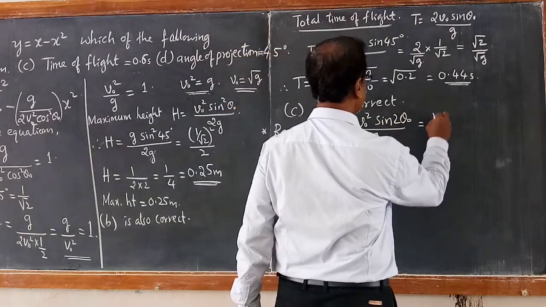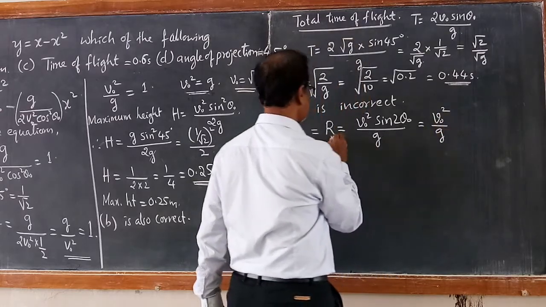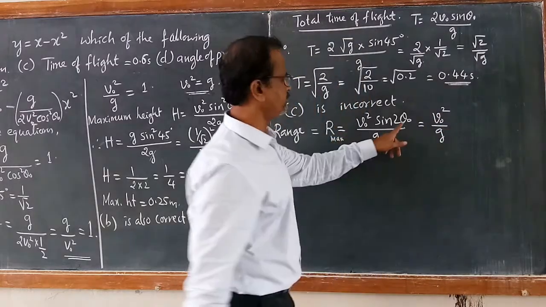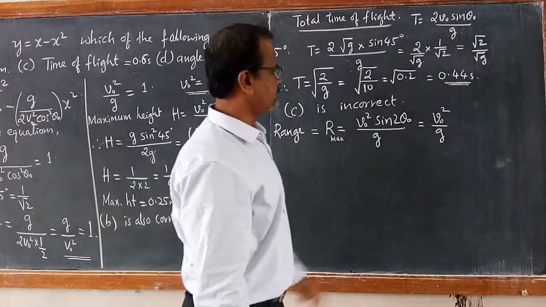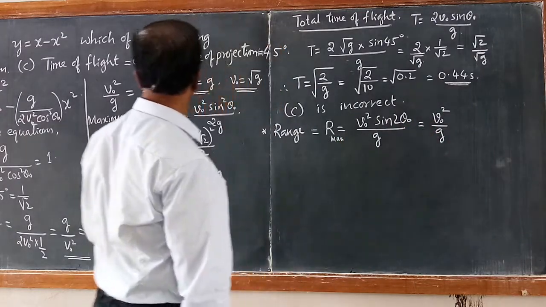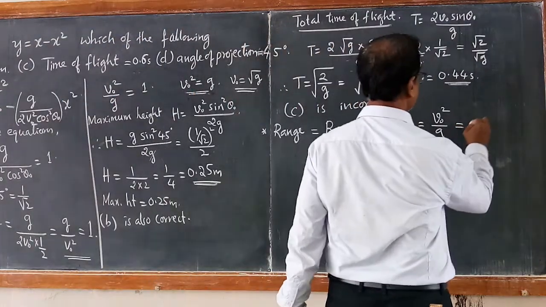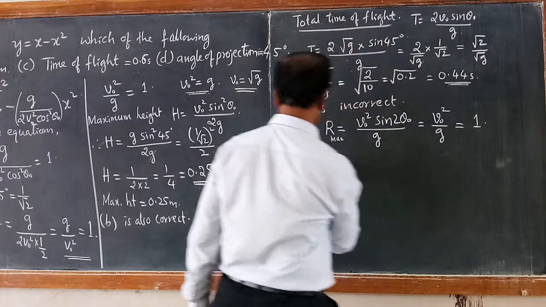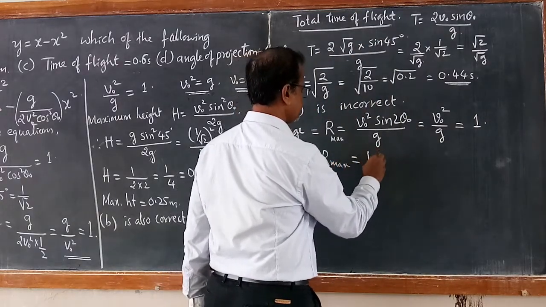Therefore, for R max, we know when the angle of projection is 45 degree, R max becomes V naught square by G. But we know already what is V naught square. Equal to G. So V naught square by G is equal to 1. We already obtained this. Therefore, maximum range R max is equal to 1 meter.